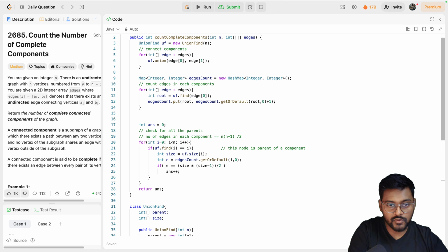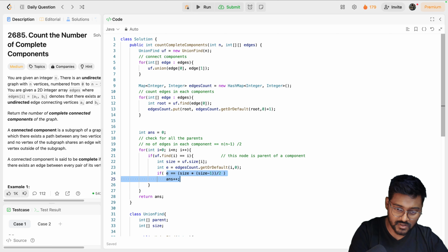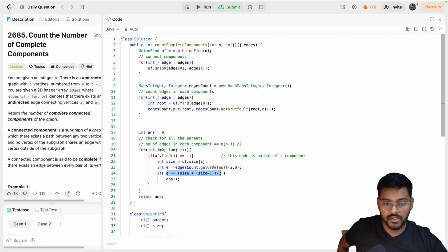Okay, once the union find algorithm is done, just do the union of every single edge. Apart from that, edges count is required, because ultimately this is the equation we are going to use. The size of every component, let's say the size of component is n, the total number of pairs we can form, the total number of permutations we can form, is n into n minus 1, and this is the permutation.